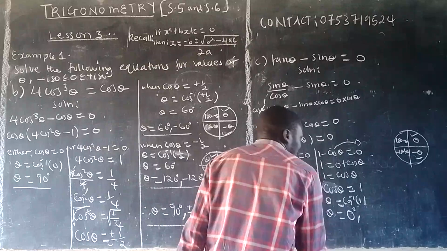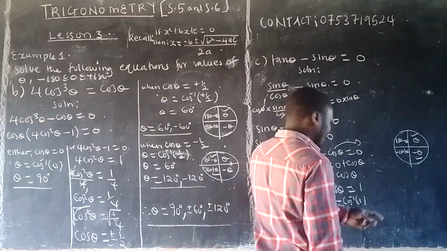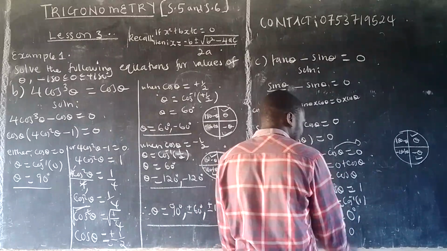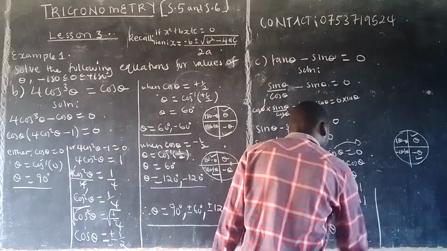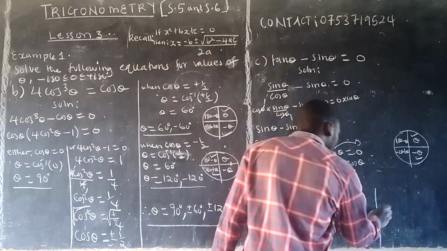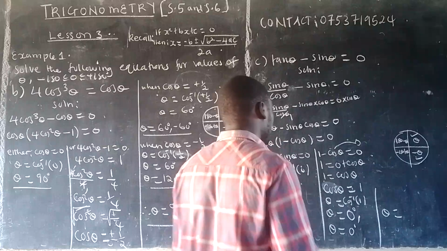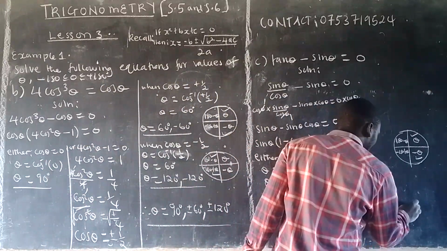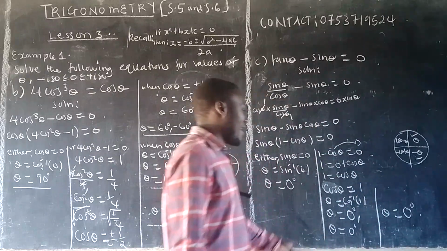So our answer, oh, it's funny, theta is equal to 0 and even negative 0, but we shall leave it as that. Now our final answer when we conclude, this is a funny number. Anyway, theta is just equal to 0 and again 0. So 0 degrees. I'll leave it as that.